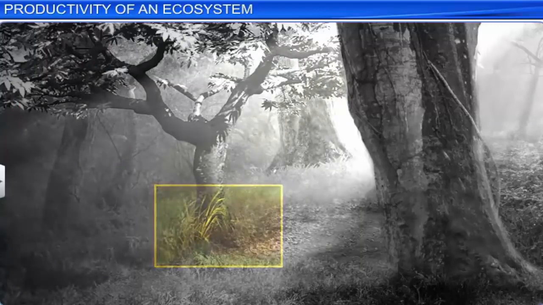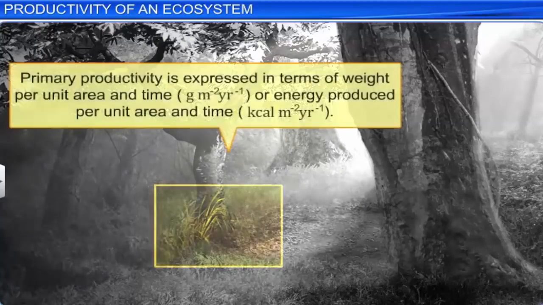To compare the productivity of different ecosystems, it is expressed in terms of weight per unit area and time, that is, gram per meter square per year, or energy produced per unit area and time, that is, kilocalories per meter square per year.